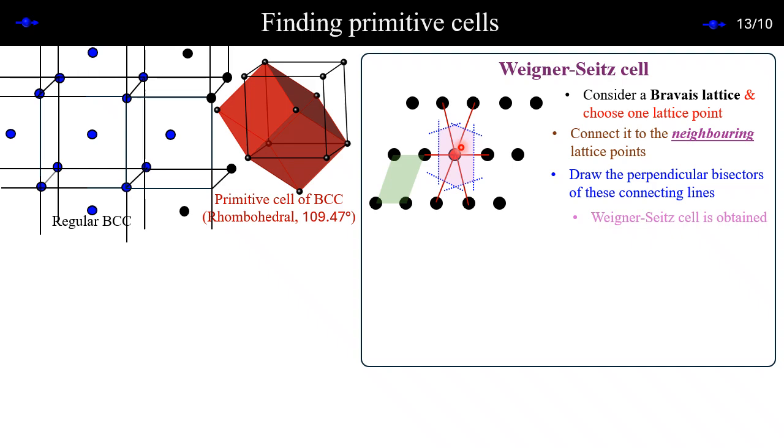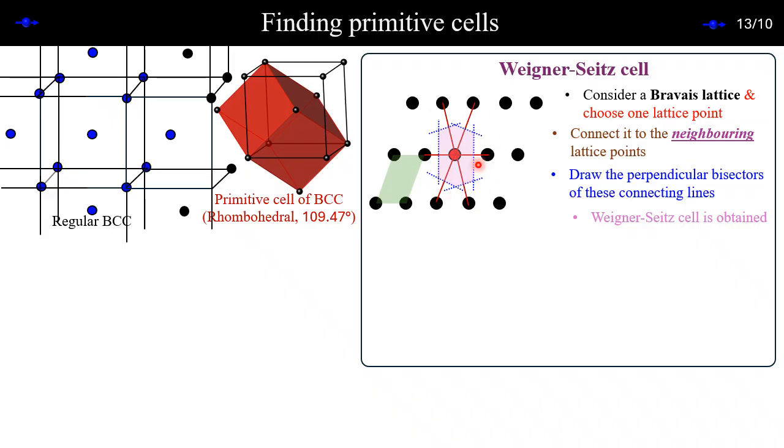First take a lattice point, then connect it to adjacent lattice points and draw perpendicular bisectors. Then you will get either a surface if it is 2D or a volume if it is 3D. That will be the Wigner-Seitz cell.